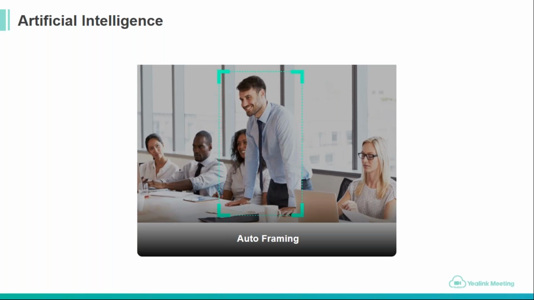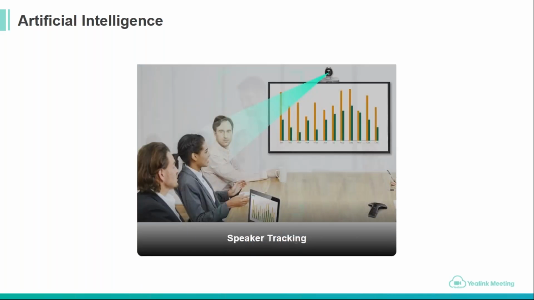If there is only one, the camera will zoom in to display a big picture. If there are many people, the camera will zoom out to ensure all the people are included in one picture. Speaker tracking, also known as voice tracking: the camera will automatically zoom in on the person who is speaking.